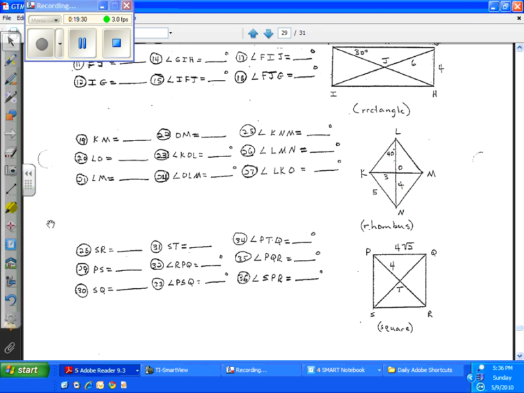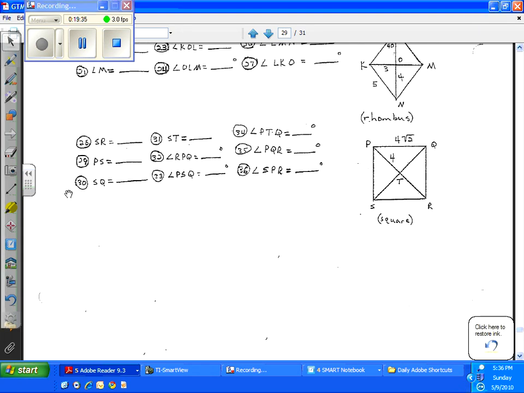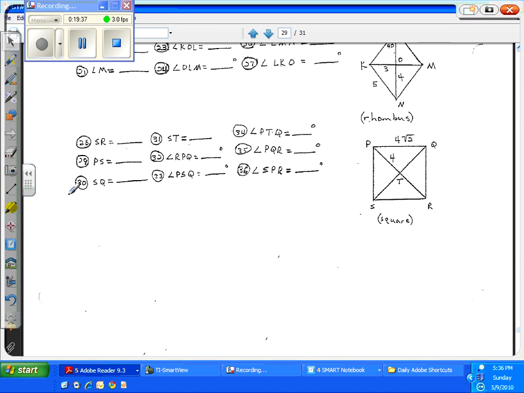Now, a square is a quadrilateral with 4 equal sides and 4 right angles. The fact that it has 4 equal sides makes it a rhombus, and it makes all these 4 square root of 2.